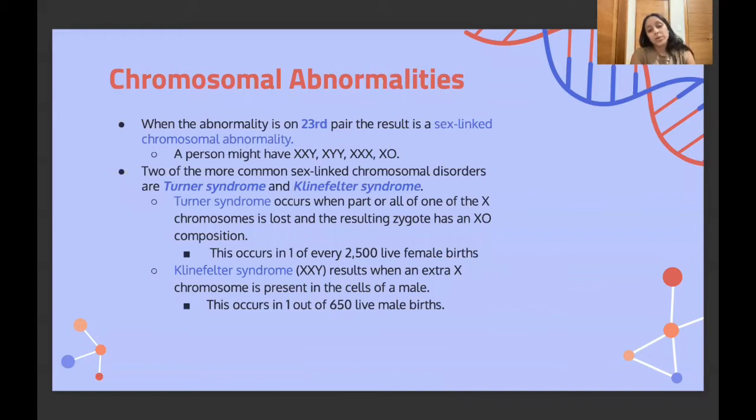Turner syndrome occurs when part of or all of one of the X chromosomes is lost and the resulting zygote has an XO composition. This usually occurs in one of every 2,500 live female births, while Klinefelter syndrome results when an extra X chromosome is present in the cells of a male and occurs in 1 out of 650 live male births.